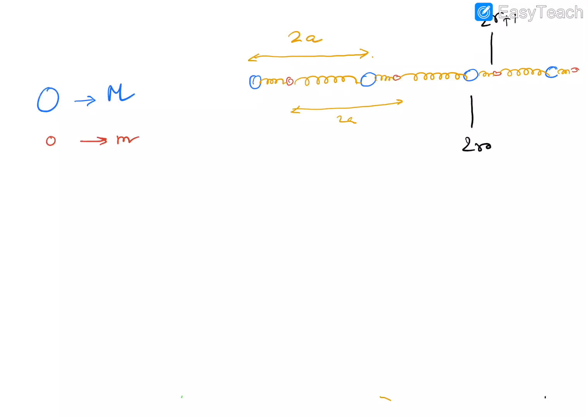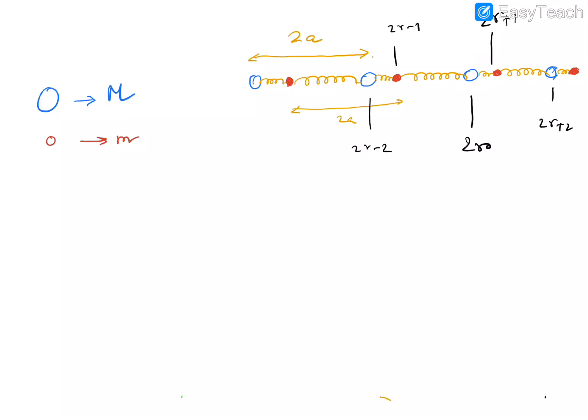Then the next is 2r plus 2 and so on, and on the other side this red atom is 2r minus 1, and the blue atom is 2r minus 2. We are considering these indices just for simplicity of our calculations. Remember, there are red atoms and blue atoms.